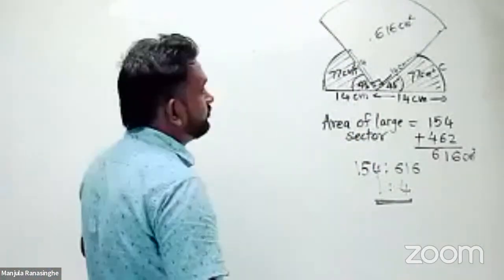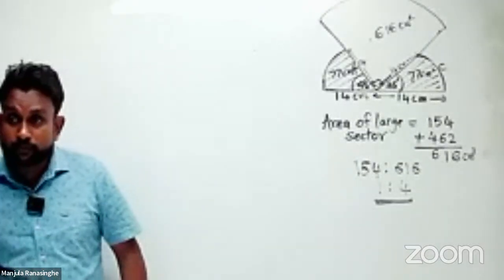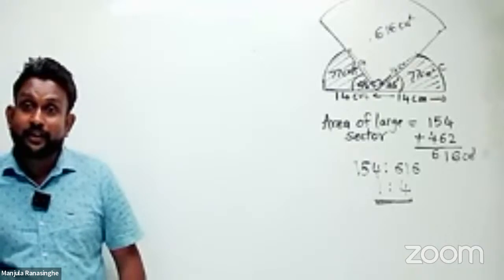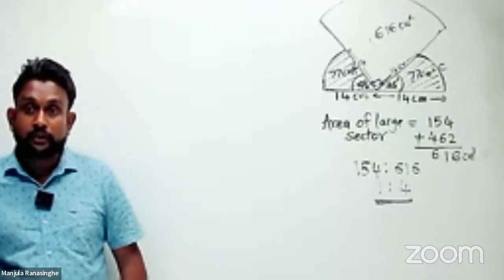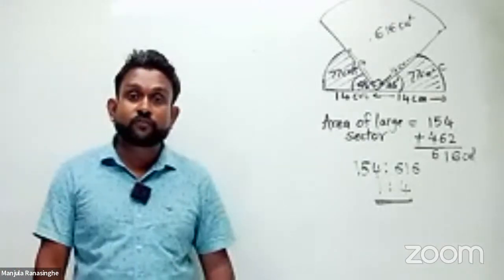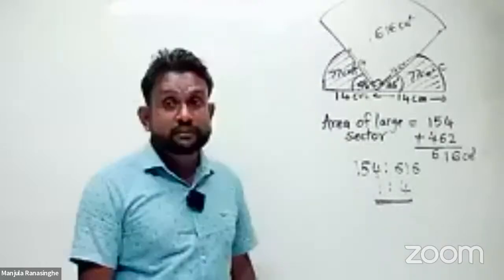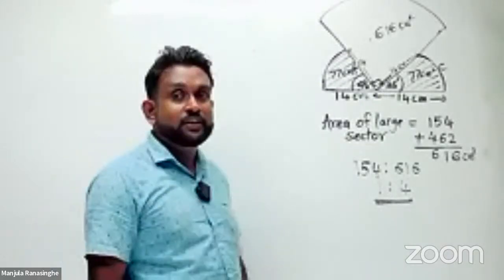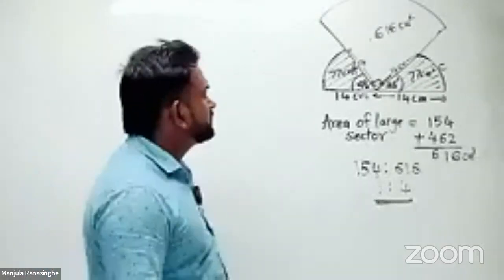Now here we have the last question. See there. The last question says to find the number of nets that can be cut from a square-shaped cardboard whose side length is 60 centimeters.